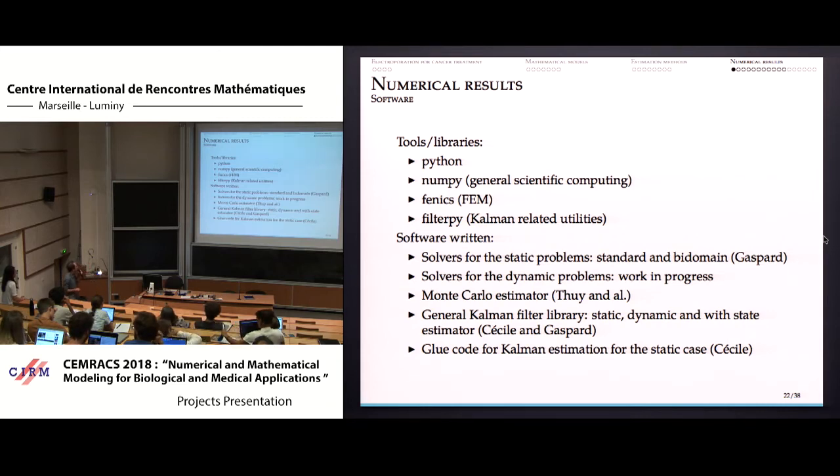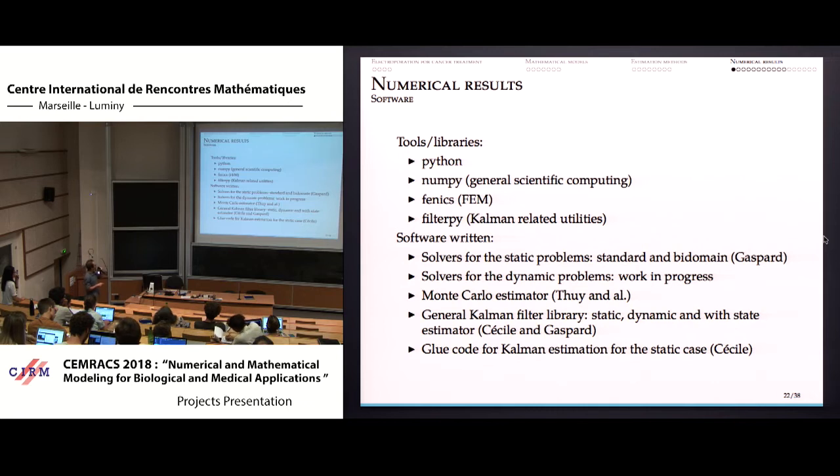So what we did: solvers for all the direct problems, which I did. In the static case, it's done; the dynamic problem, we still have some tuning to do. We have a Monte Carlo estimator, which Tui worked on. We wrote a general Kalman filter.